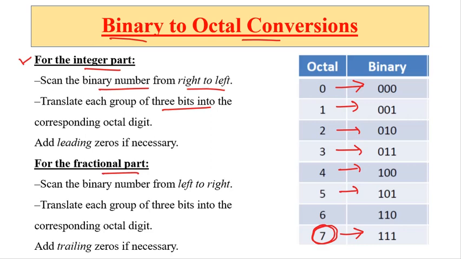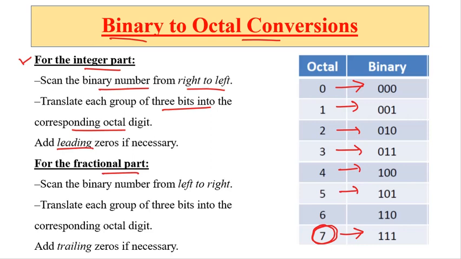Then write down the octal equivalent of each 3-bit binary number. If any partition is less than 3 bits, add zeros.